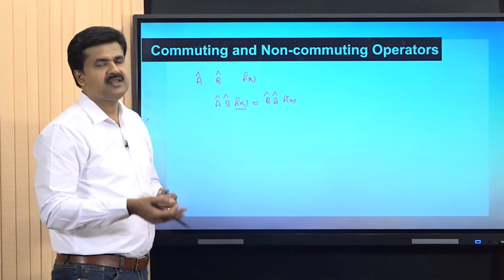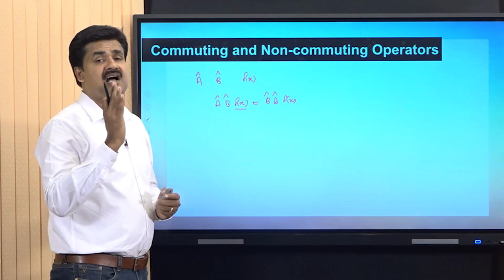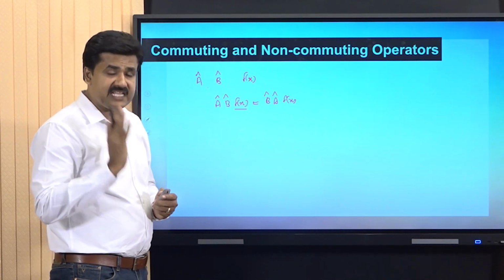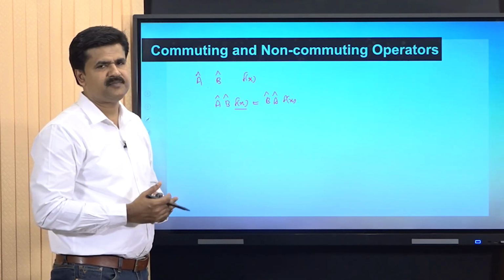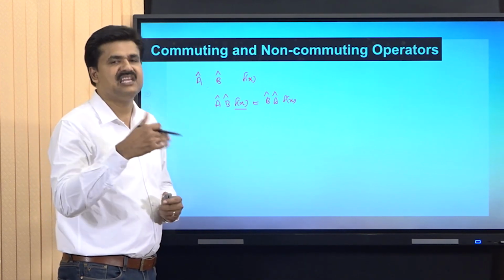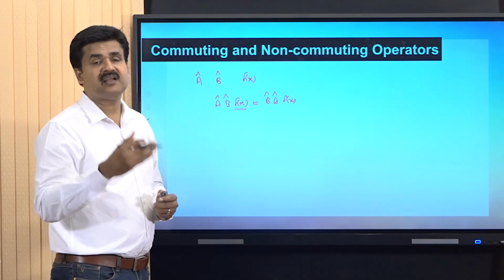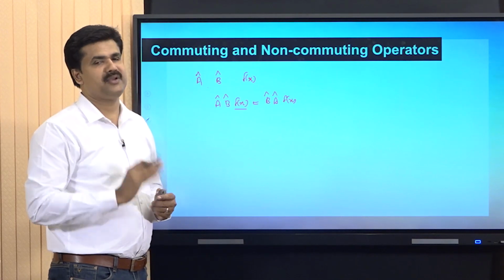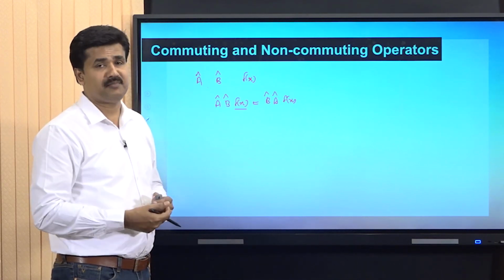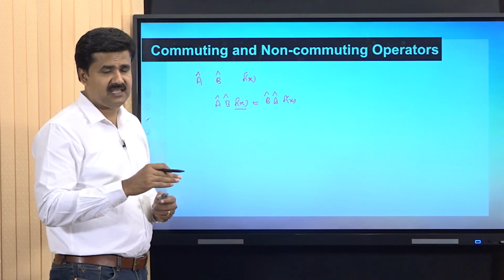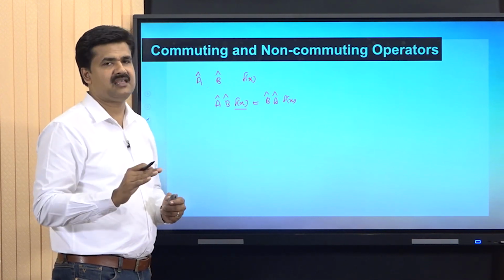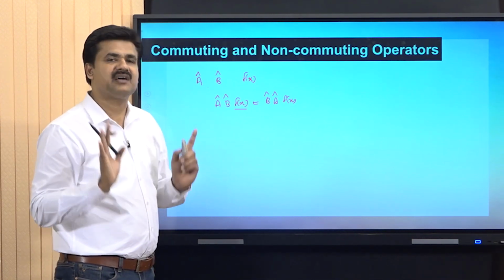That means two operators are said to commute if and only if the order in which they operate on an operand does not matter. First A, then B, or first B, then A, both give the same result.